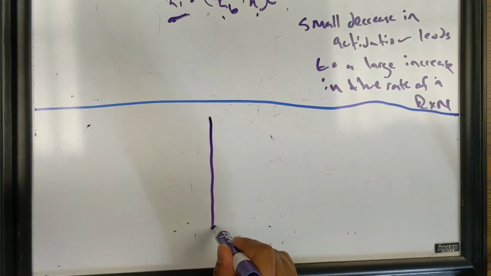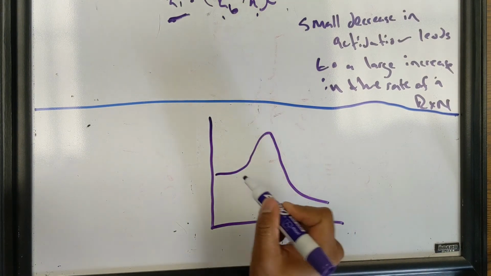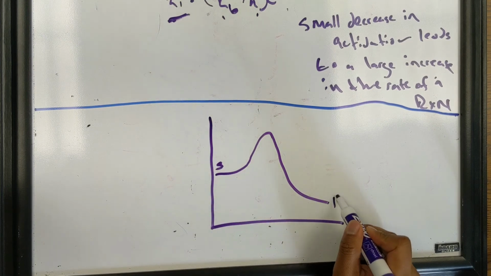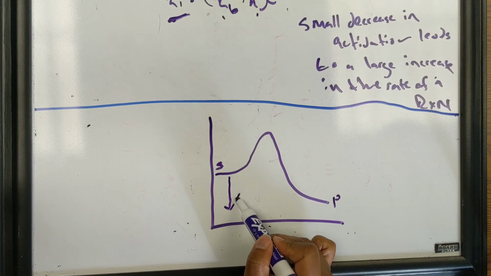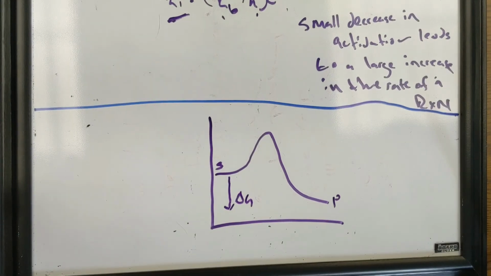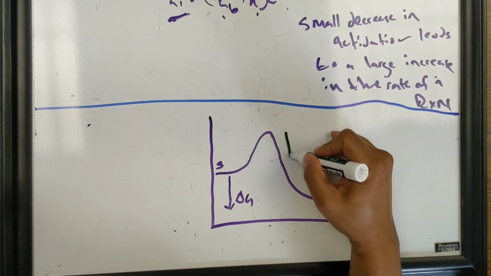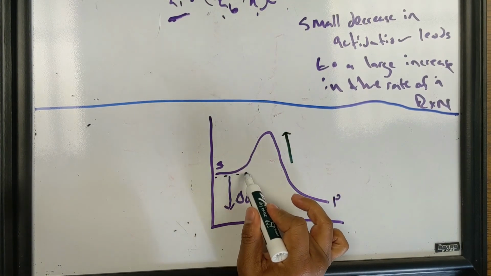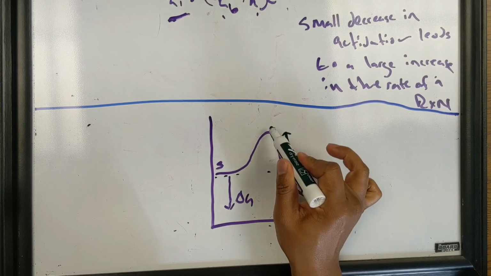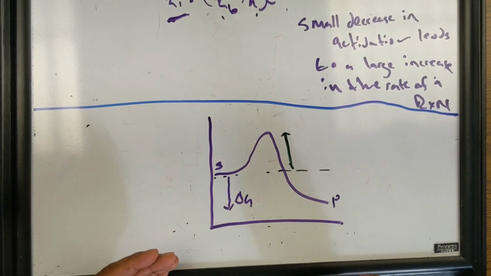If you look at the same reaction coordinate plot, here you have S, you have P, this is the delta G, which tells you how much energy is released in that reaction. This is the activation energy, the difference between S and this peak, and that will give you information on the rate of the reaction.